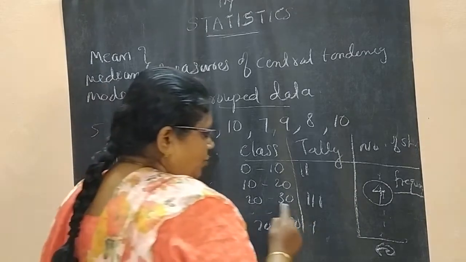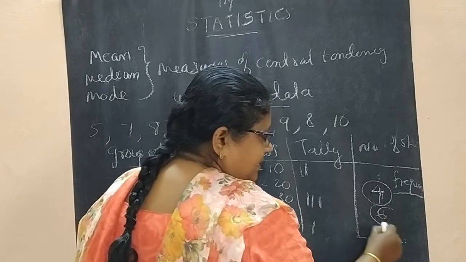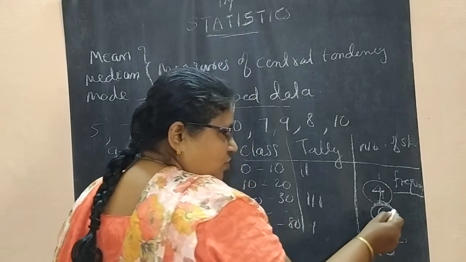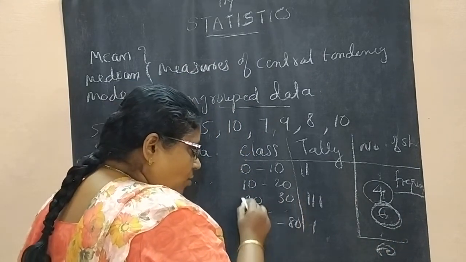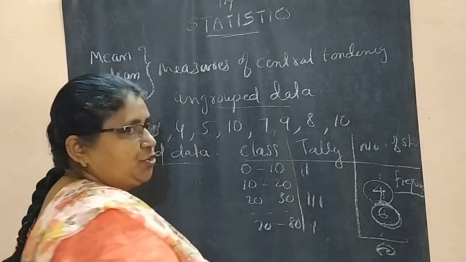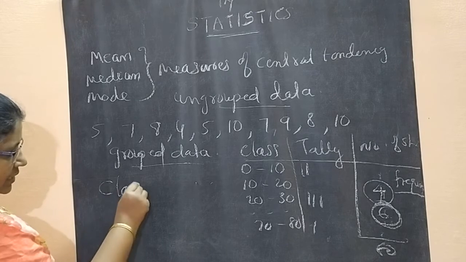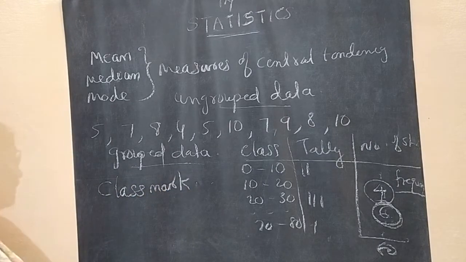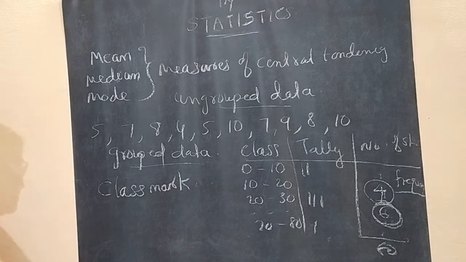Or in 20 to 30 there are 6 children. Then we can tell that the frequency 6, the number of children, means their marks are falling around the midpoint of 20 to 30. That midpoint is called the class mark. The midpoint of a particular class is defined as class mark.